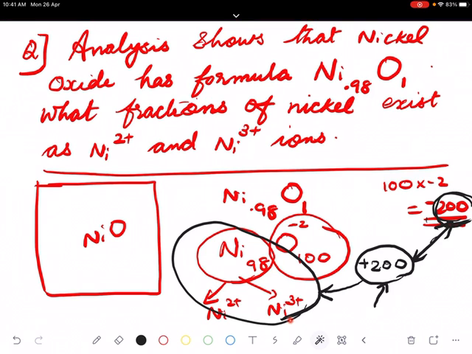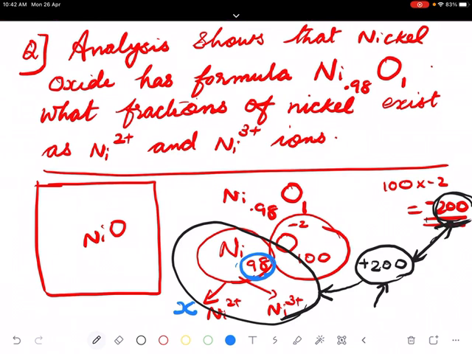How many Ni2+? We don't know. How many Ni3+? We don't know. Now, how many Ni2+? Let it be X. There are X Ni2+. Total number of Ni is 98. Among these 98, X are Ni2+ ions.